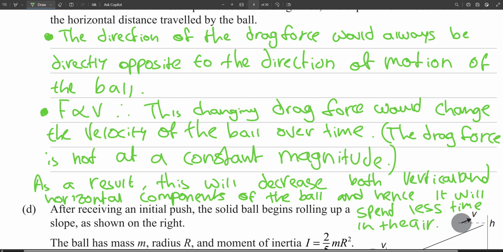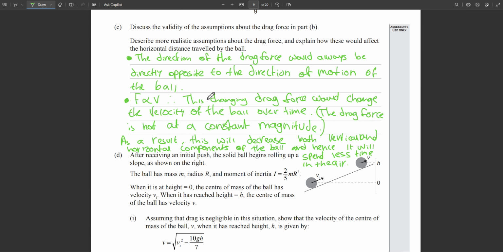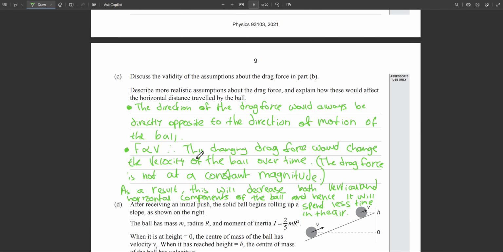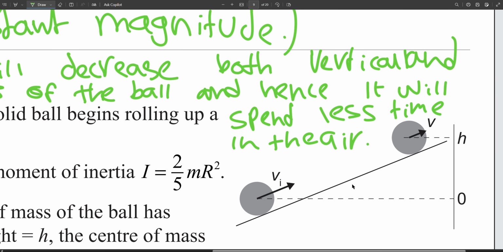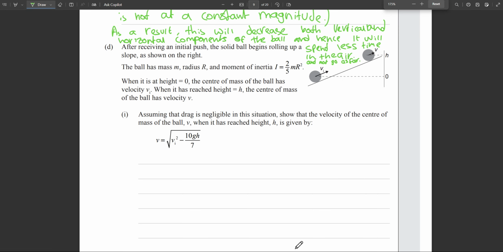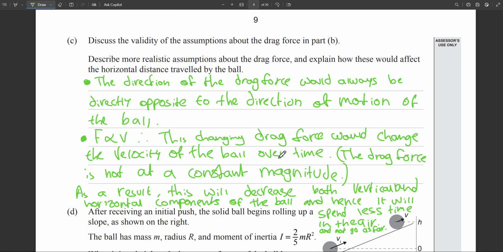Okay, that's quite a long answer. I should have used some of the extra space at the back, but I can't be bothered scrolling down. So it'll spend less time in the air and not go as far. We're kind of going to the second question here, but I think that's about it for this one.